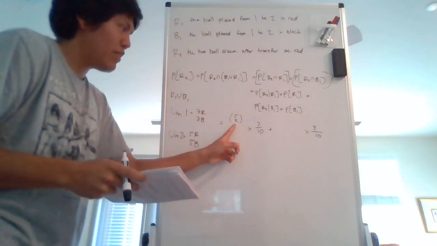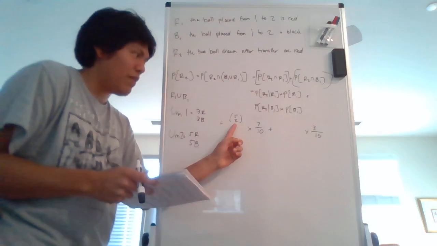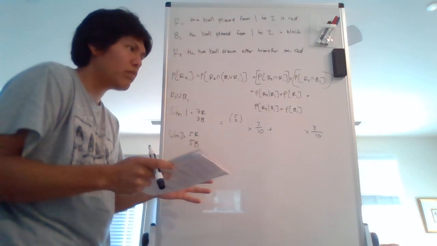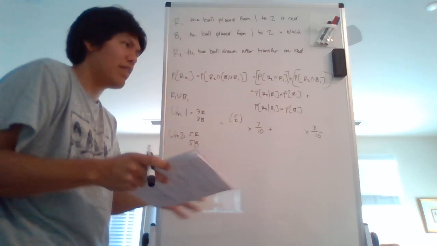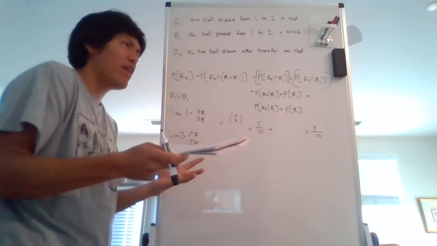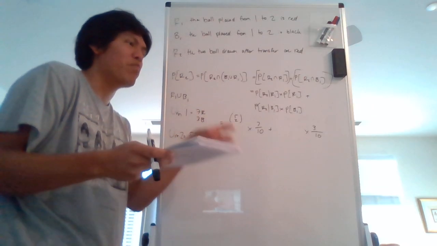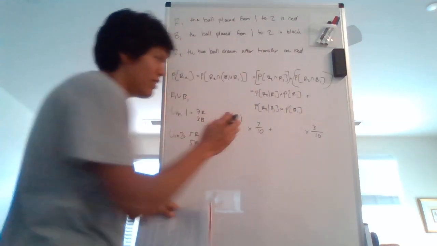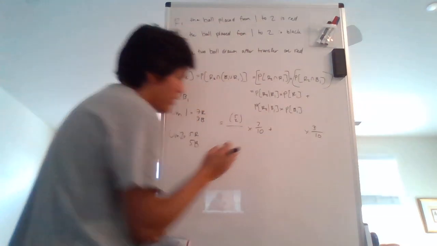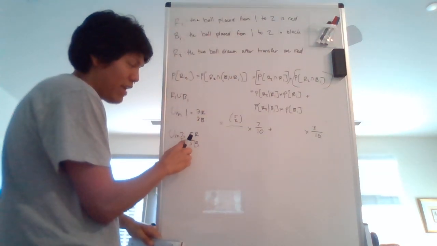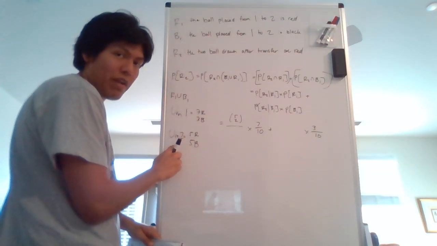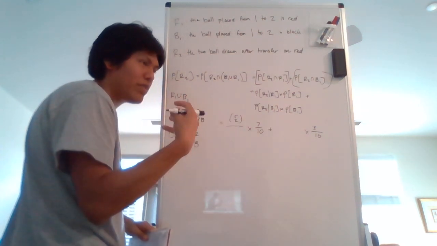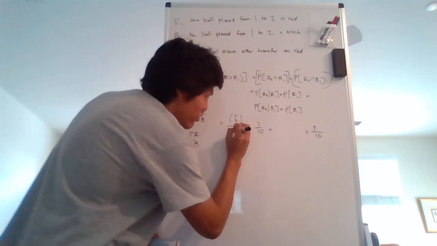And this is just looking at the red balls. But we have to look at the total probability of choosing 2 balls from the entire urn, right? There are now 10 total balls in urn 2 after we've transferred 1. And if we're grabbing 2, then that's 10 choose 2.